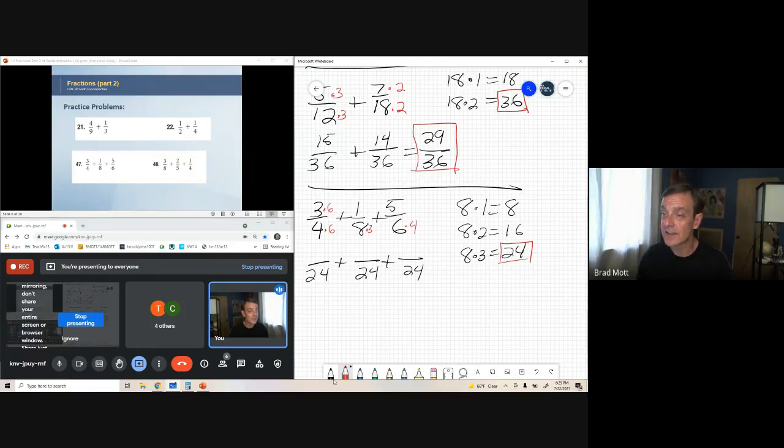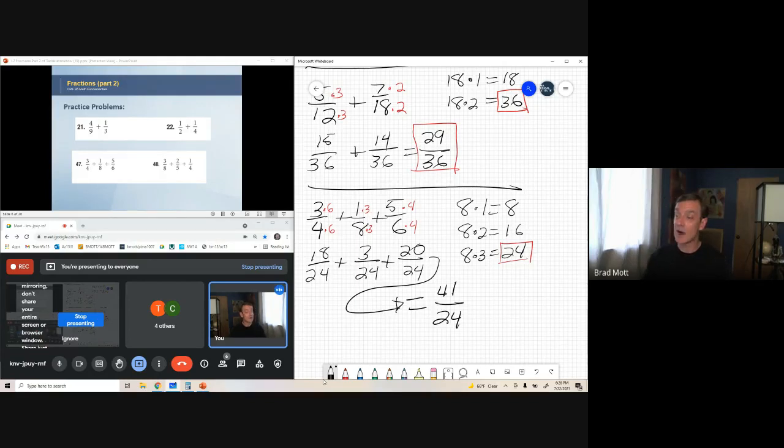So we multiply by 6, 3, and 4. 3 times 6 is 18. 1 times 3 is 3. And 5 times 4 is 20. Now let's add those all up and get 18 plus 3 is 21 plus 20 is 41 over 24. Let's double check that there aren't any factors in common.